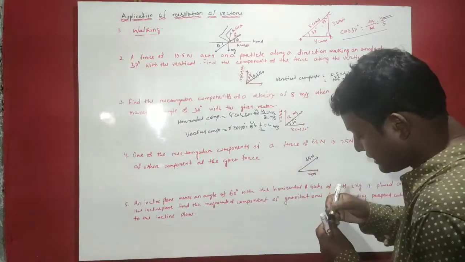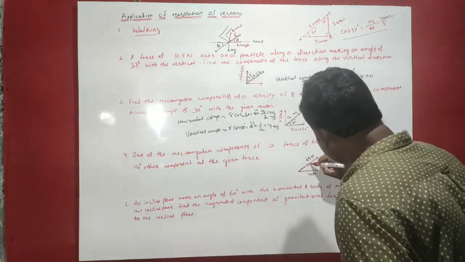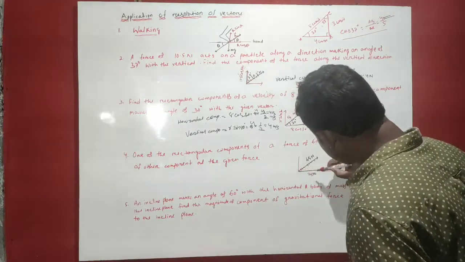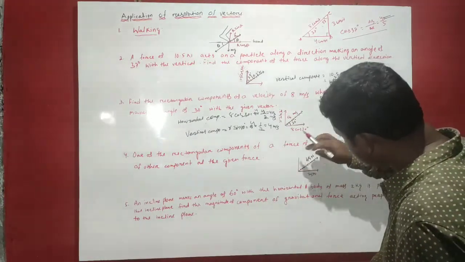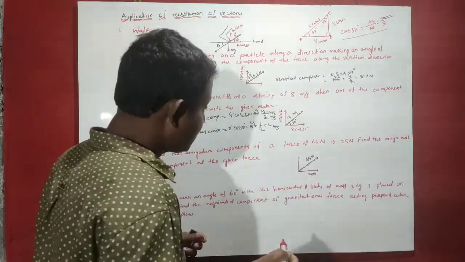When we break this vector, it gives another vector perpendicular to the 25 Newton vector.